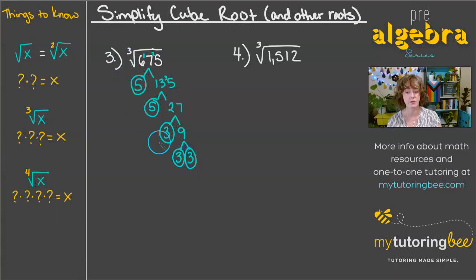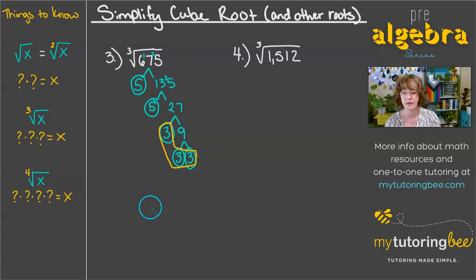So you can see how I've used my factor tree to factor down to all of the prime factors, and now what I'm looking for, because we're looking for a cube root, is 3 of any of these numbers. So I do have 3 3s, but I don't have 3 5s. If I had another 5 in here, then that would work, but because I don't, I cannot pull 5 out of this root.